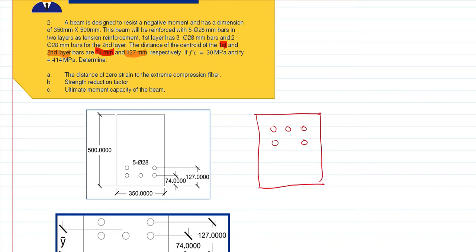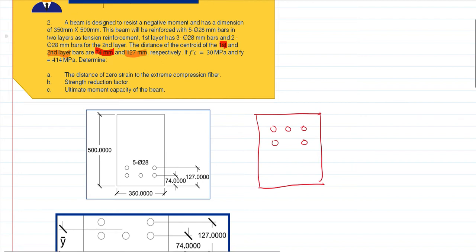Syempre, ang una natin gagawin is hanapin si d at hanapin si dt. Para mahanap natin yung d, kailangan nating hanapin yung centroid nung 5 diameter 28 na reinforcement. So, magagawa natin yon by the principle of Varignon's theorem.